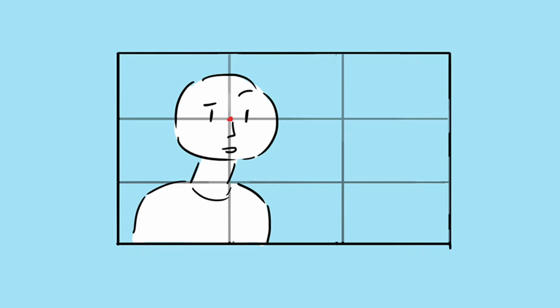Now, this person is facing the right, so the best place that we could have put this person's face is on the left side of the screen and on that point, right? Now, if the person was facing left, the better place would have been to put it on the right side, right, on that point, right?